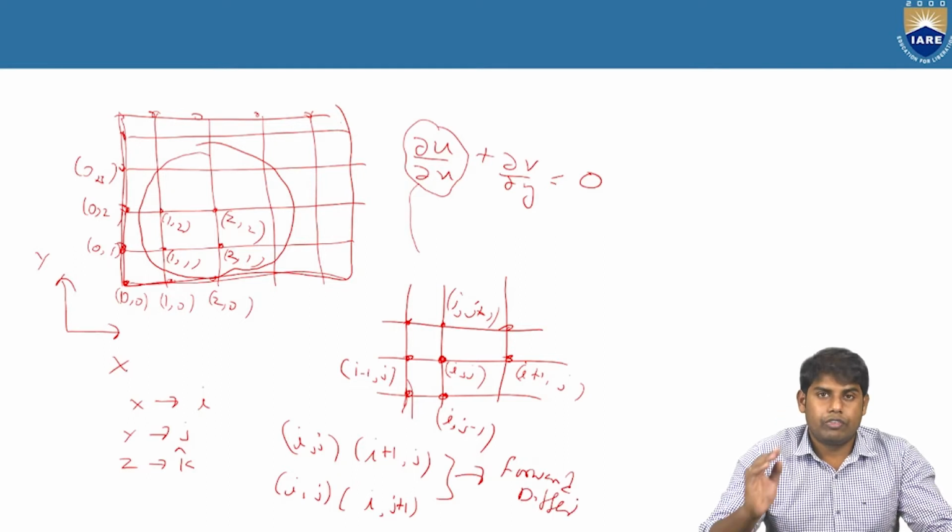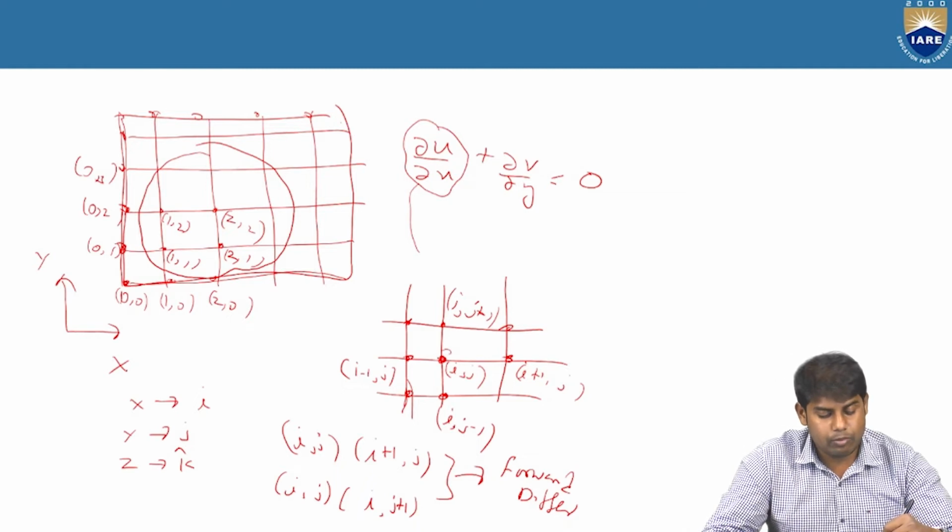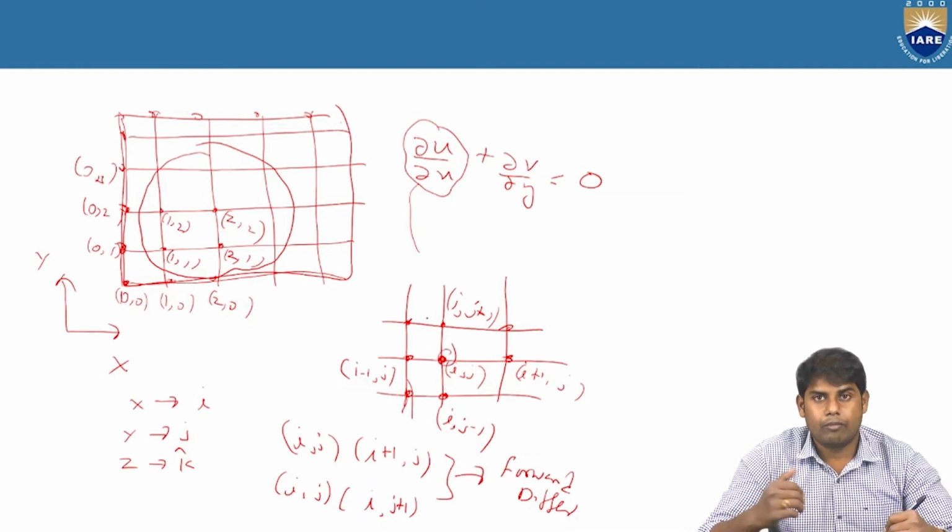If you take a particular point, this point, and you are marching towards the right, this is called the forward difference. If you are taking the points i plus 1 or j plus 1 into consideration, that constitutes the forward finite difference method.